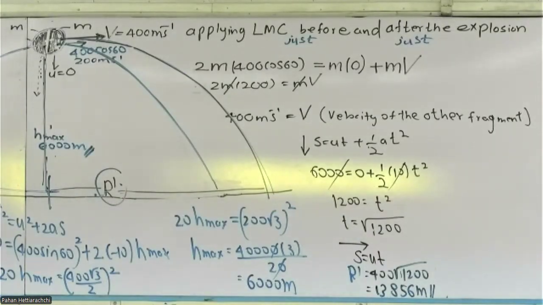They ask you to find the position where the second fragment lands with respect to the initial point. So from here it's a new parabola and you have to calculate R dash. Meanwhile, you have to add this R0 from this side. Then you will get the final answer.